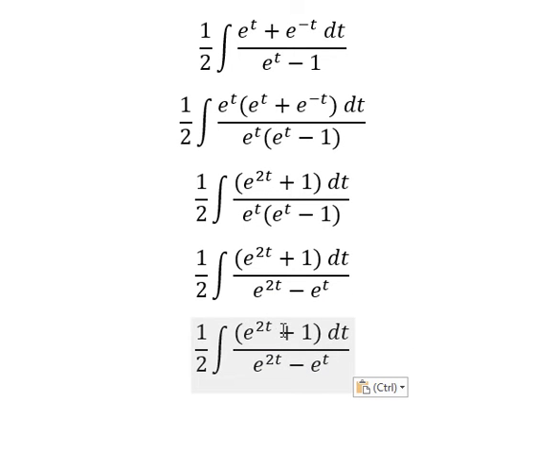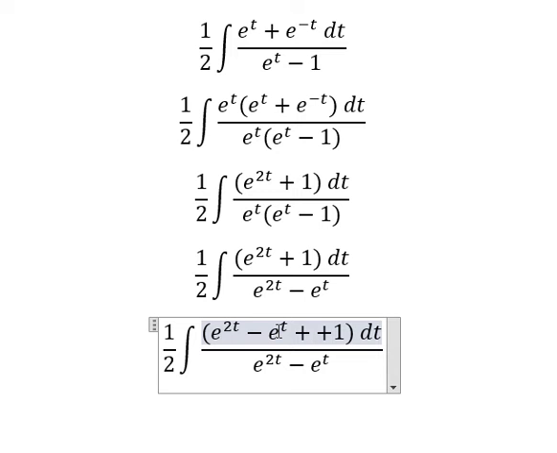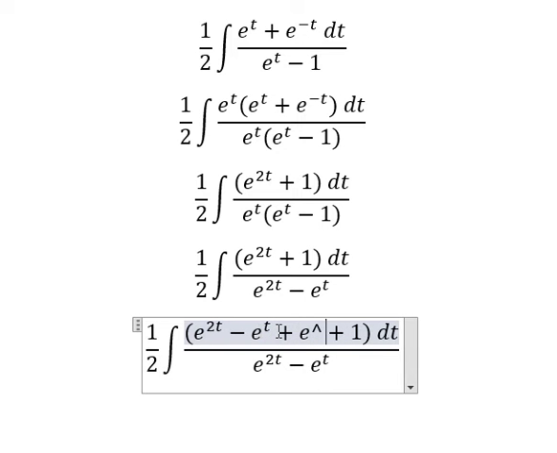Next, we need to put negative e to the power of t, and later we put back positive e to the power of t.